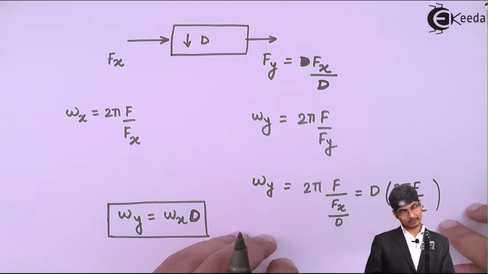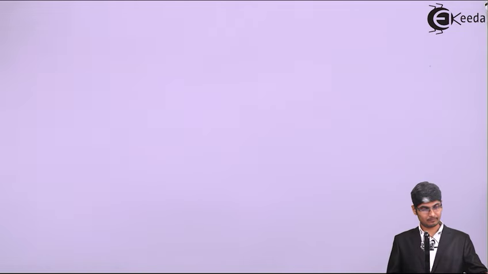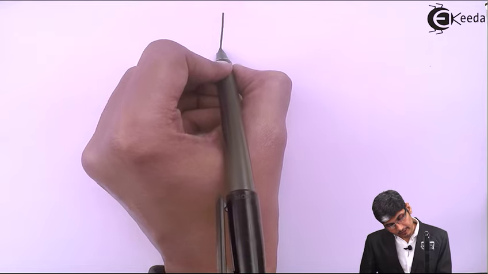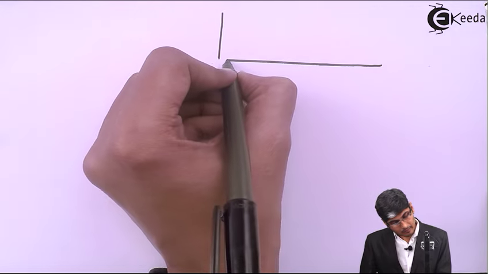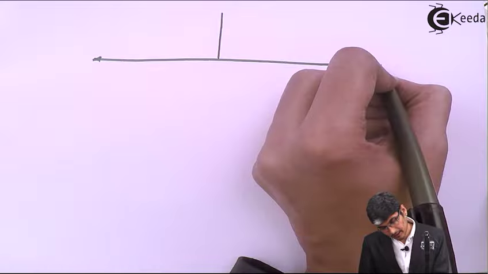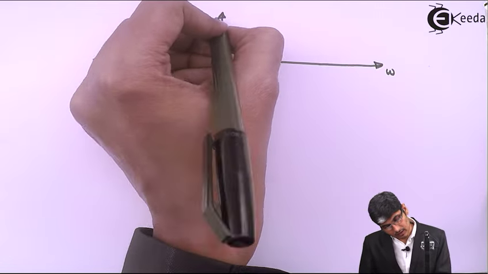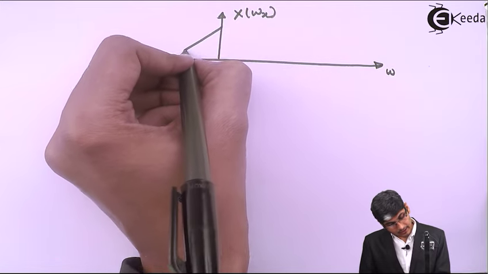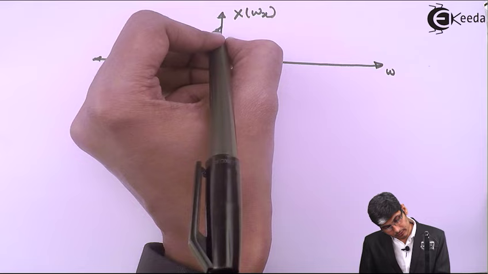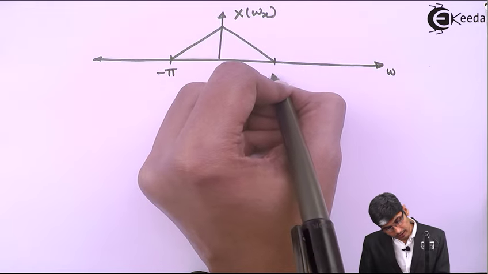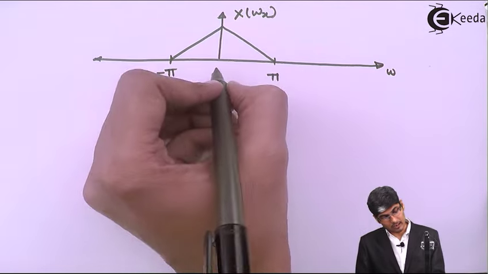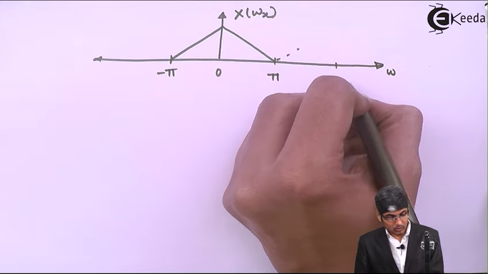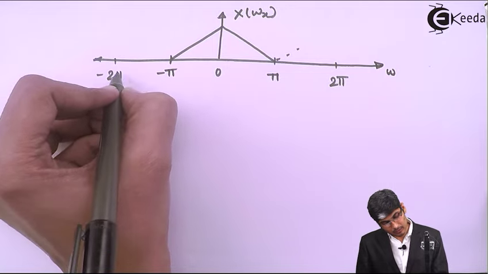Okay, let us analyze with the same example. We again take the same z domain characteristics, where I have x axis as omega, y axis as X of omega, and the characteristics is from minus pi to plus pi, and at 0, and then this will be the copy at 2 pi and minus 2 pi.